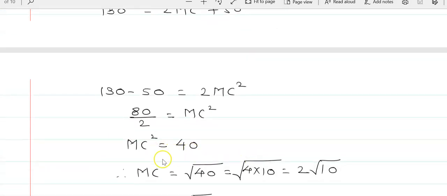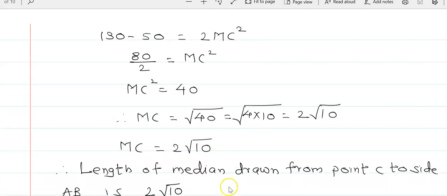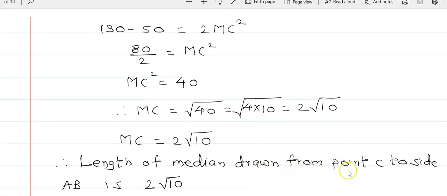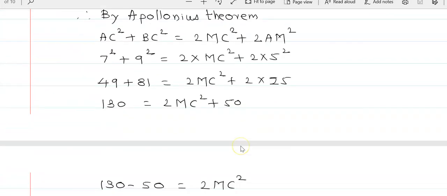Therefore, MC square is equal to 40. Therefore, MC is equal to root of 40. Now, 40 can be written as 4 into 10. That is 2 root of 10. Therefore, MC is equal to 2 root of 10. Therefore, the length of the median drawn from the point C to the side AB is 2 root 10. And this is the length of the median.